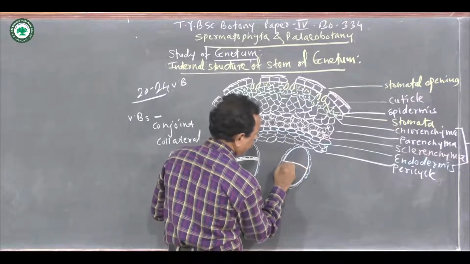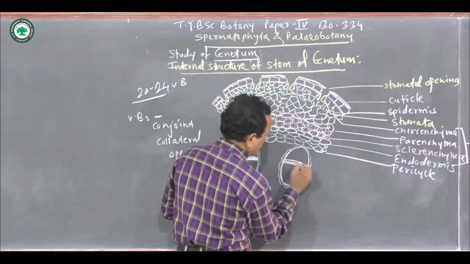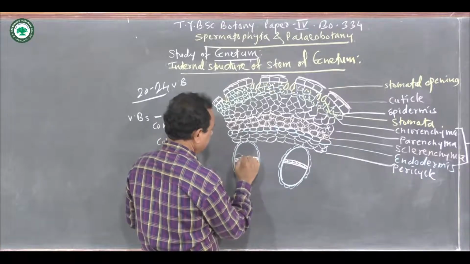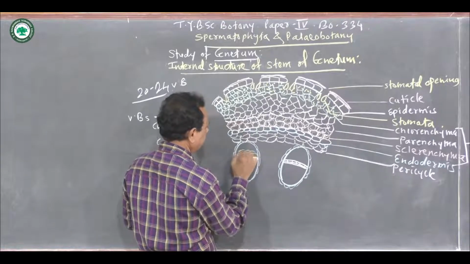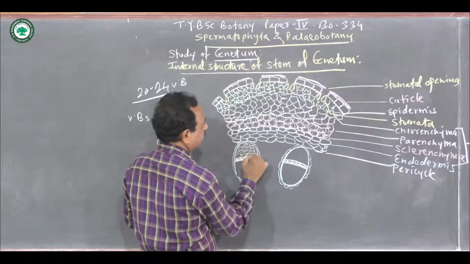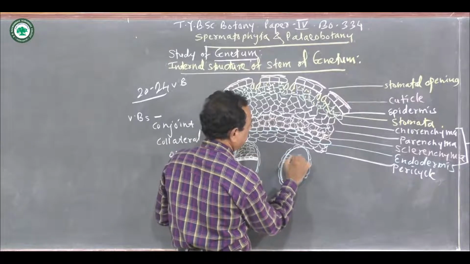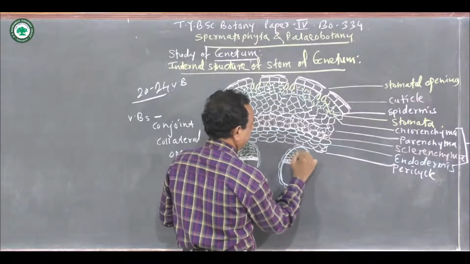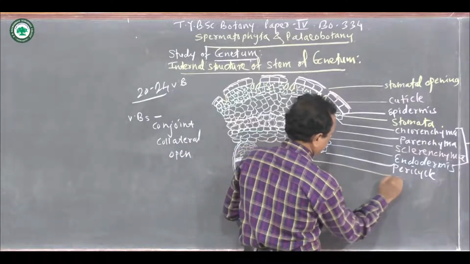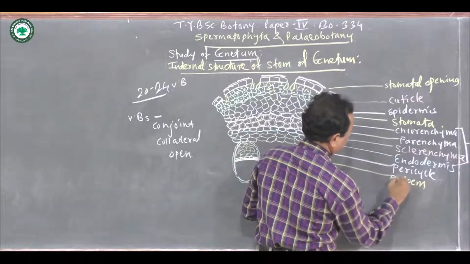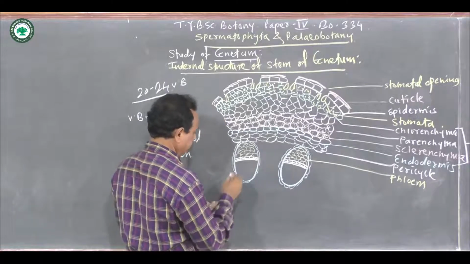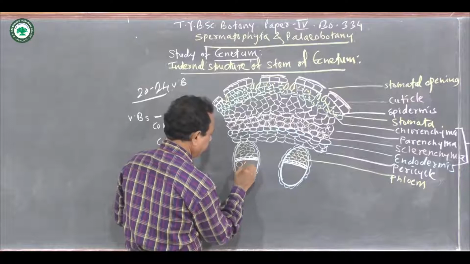That's why this vascular bundle becomes the open type. So it shows the presence of the phloem towards the outer side. So this is the phloem. Here, inner side to this cambium, there is a presence of the xylem.